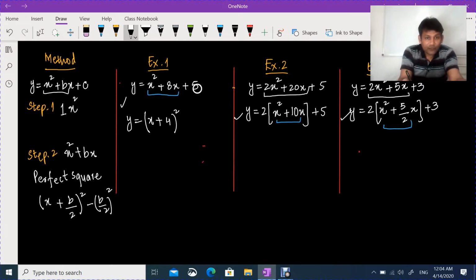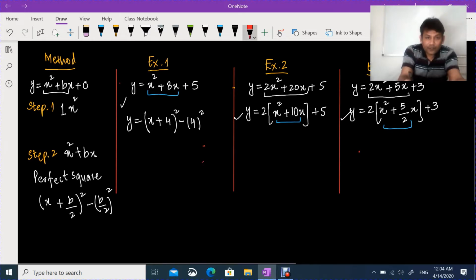Ignore this 5 for now. First of all, I write these steps. Then I have to write minus b upon 2 whole squared again. Whatever I have written as 4, half of 8, I will again write 4 whole squared. Then I have to copy this plus 5.